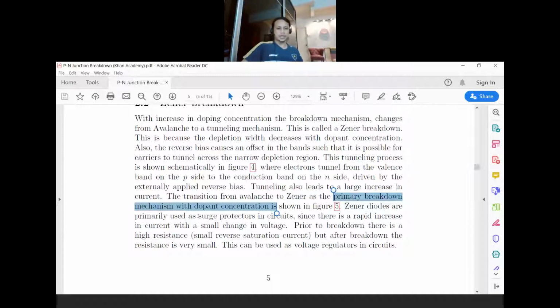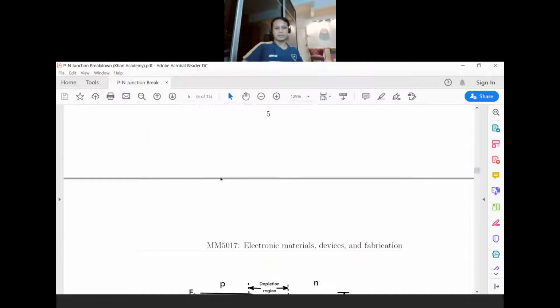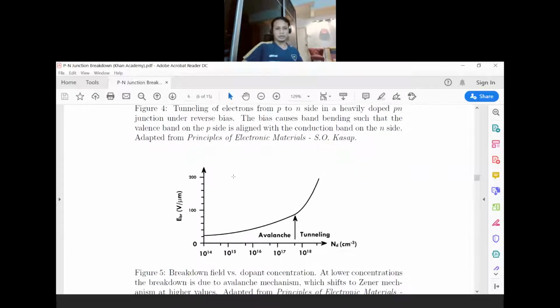Zener diode is used as a surge protector in circuits, since the rapid increase in current will happen with a small change in voltage. I'll show you a curve down here.